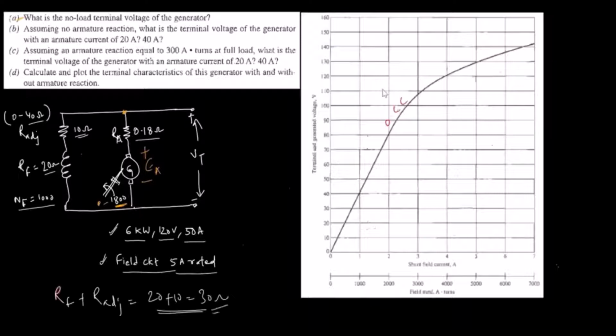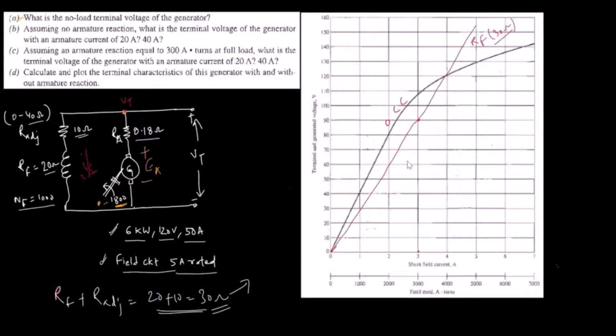Now for a 30 ohms shunt circuit, how can I draw this RF line? For a 3 amps field current, the voltage VT will be 90. So I draw the 0 line and the 90 volts line, and you just join them to find the RF line, which is actually the 30 ohms line.